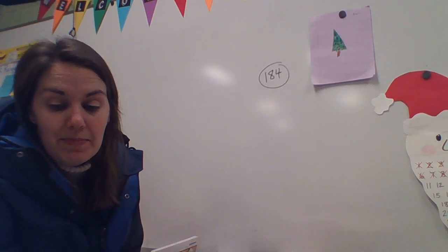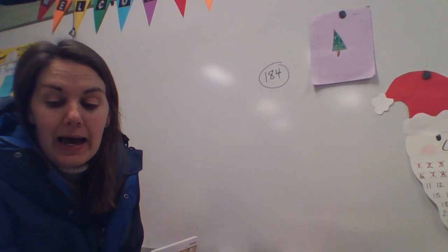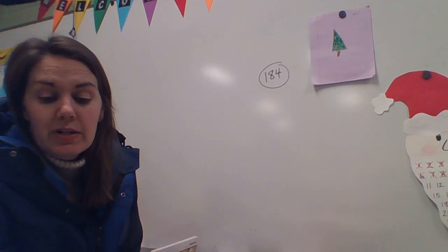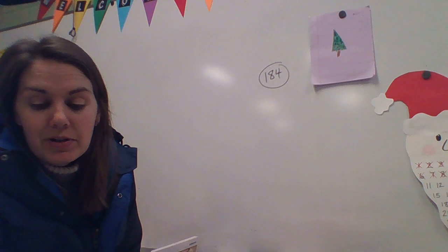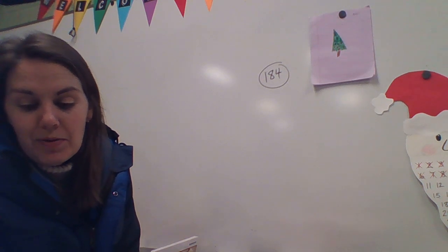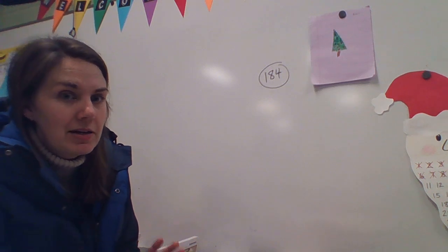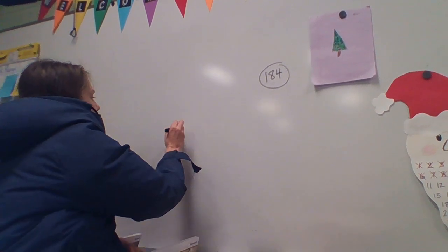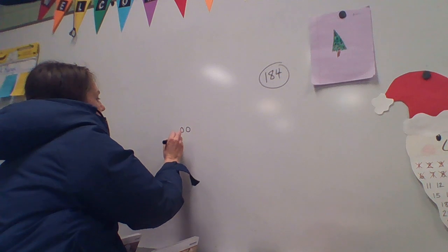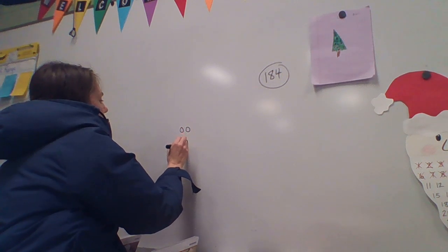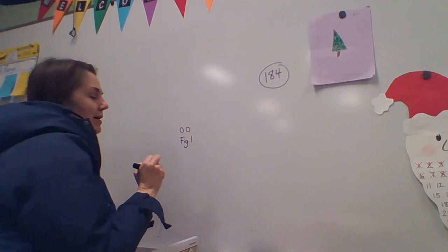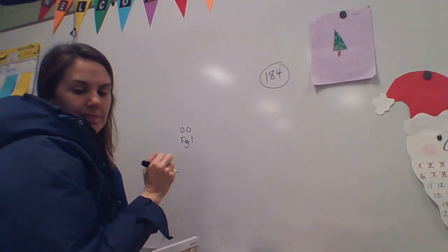So number 7 says the pattern below follows the rule, add a row of 2 circles each time. Describe how the total number of circles in each figure of the pattern is related to the number of the figure. Okay, that's a lot to unpack. So let's just start by looking at the figure. So they have 2 circles, and this is figure 1. And I'm going to abbreviate figure to fig. Figure 1.